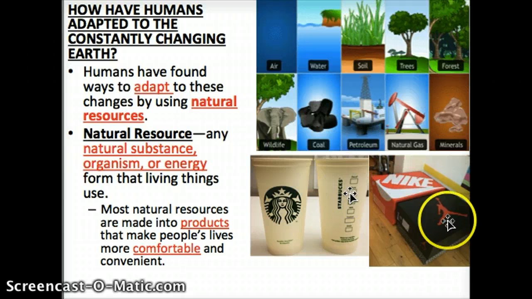I put these two pictures here because it shows you how humans have taken these things from nature and rebuilt them into products that make our lives more comfortable and convenient, such as making shoes, making shoe boxes, and making disposable Starbucks cups. And we're going to talk about these things and how they relate to pollution later in the unit. It's very important we keep those things in mind.